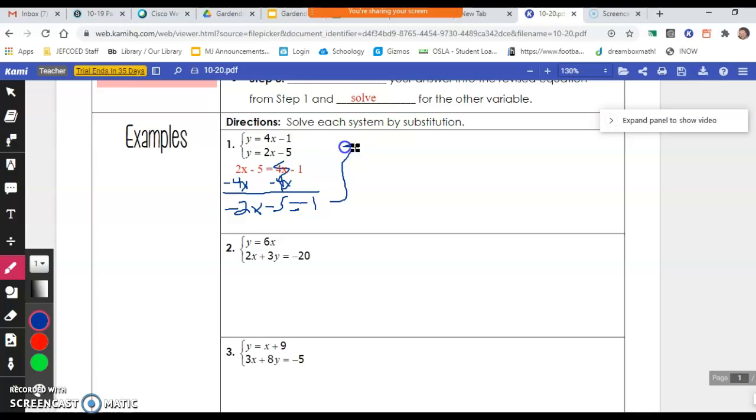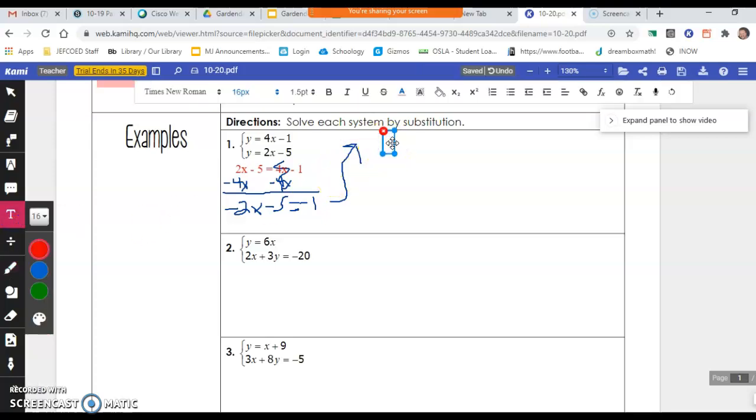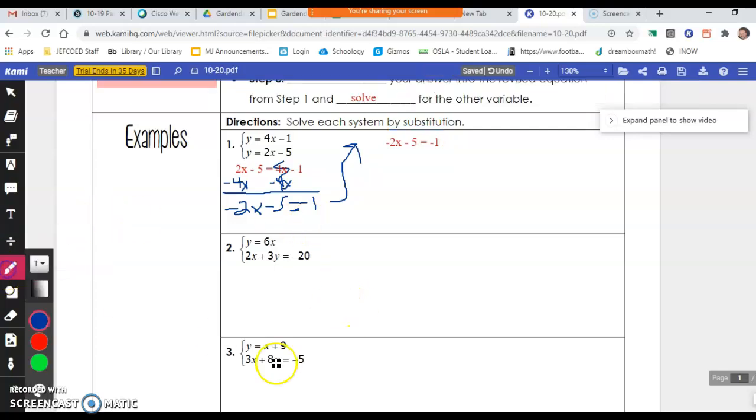Now I'm just going to draw my little arrow. Let me use my text box. We have negative 2x minus 5 equals that negative 1 right up there, and I just rewrote it so it'd be a little more legible. Now, again, same concept. We're still trying to isolate the variable and solve for what x would be.